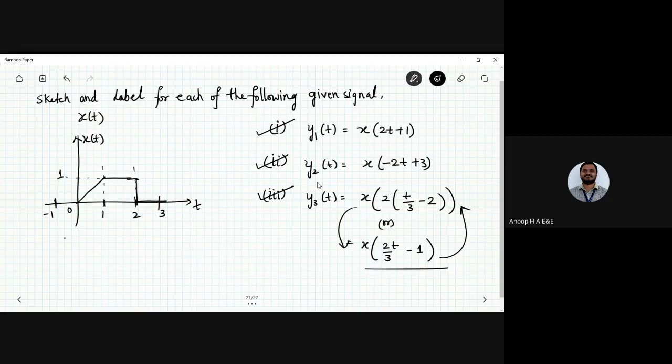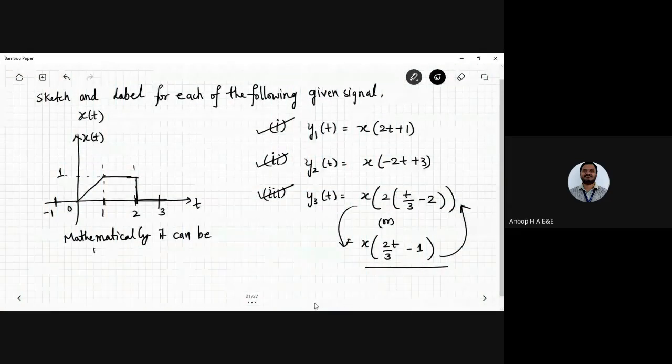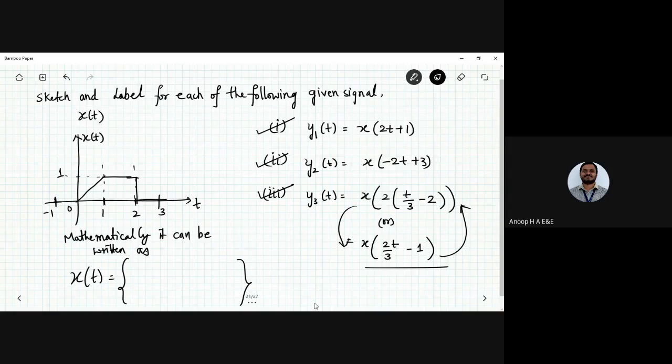Now I can mathematically write down this signal as x of t equals, with the value of t at 0, at 1, and t at 1 to 2, it is 1 and 0 otherwise or elsewhere.